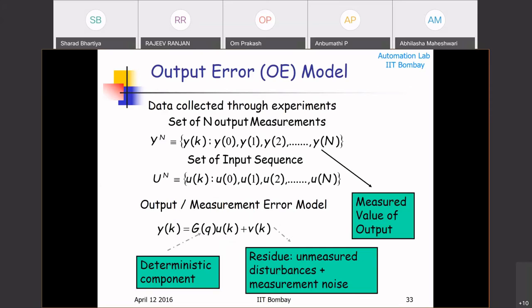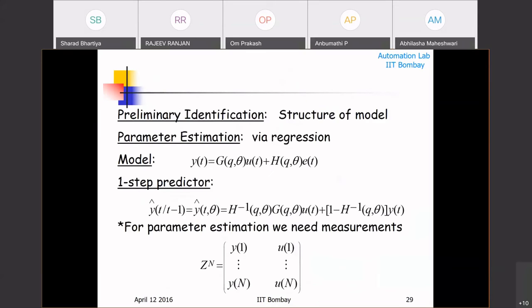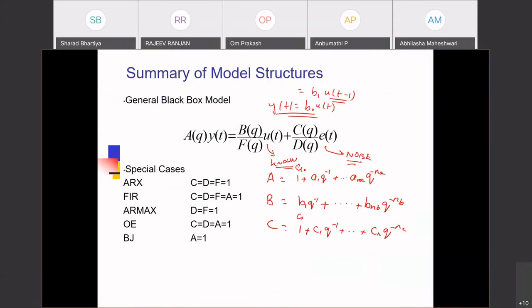So what we had written were examples of the different types of time series models, and there are many, many more. I mean, this is not a complete list. And it turns out that for different choices, as I told you, there are different types of time series models. Somebody will say I'm using an ARX model.